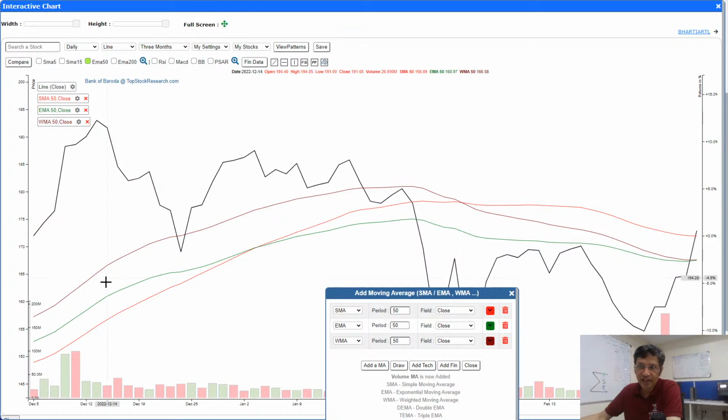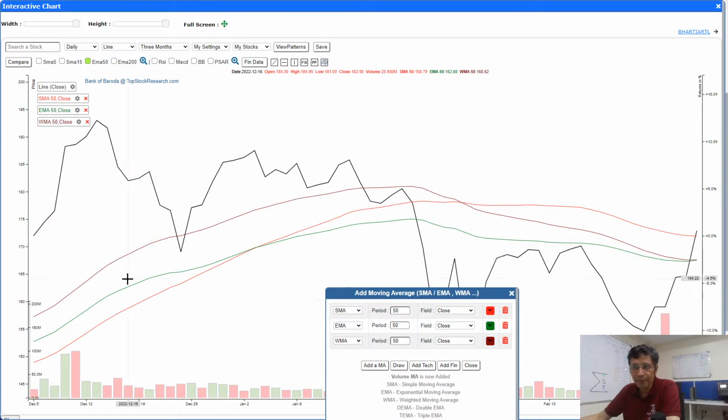It's the farthest from the price. If you see on a good trending market, right, it's the farthest from the price. And this one, which is basically the weighted moving average, is getting much closer in this particular case, right? It's getting much closer, and this is the EMA. So all the three moving averages, you can plot and see where things are, right? Generally you'll see that there's a lot of lag in the simple moving average, which is the red one.